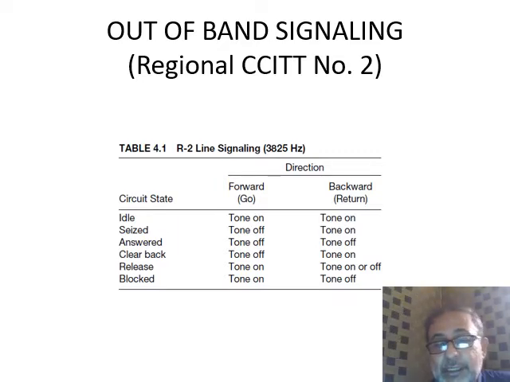If the forward part was off and the tone in the return was on, then it would mean that the circuit is seized. Similarly, if it is answered, then both of them are tone off. If it is clear back, then forward is tone off and the backward is tone on. So using these combinations, different signals were generated.